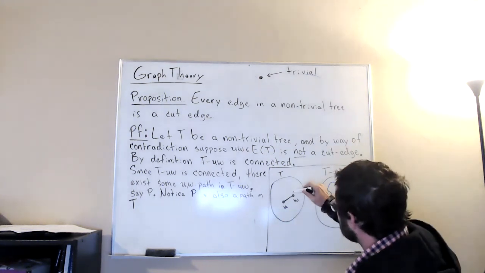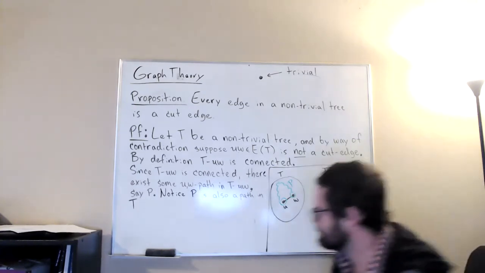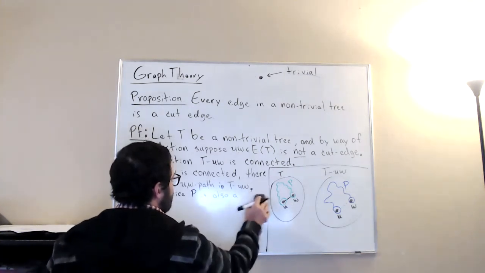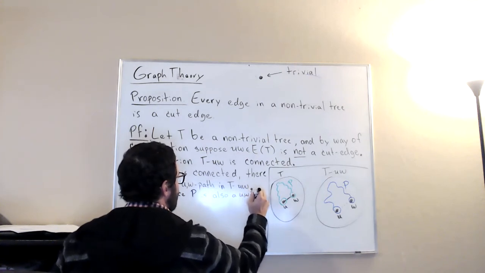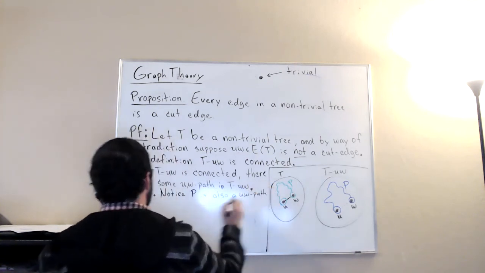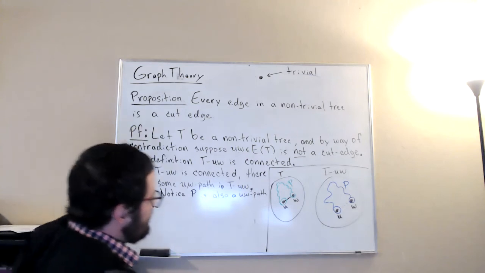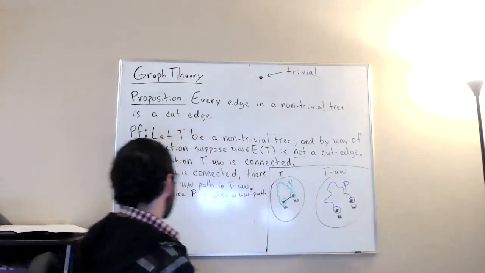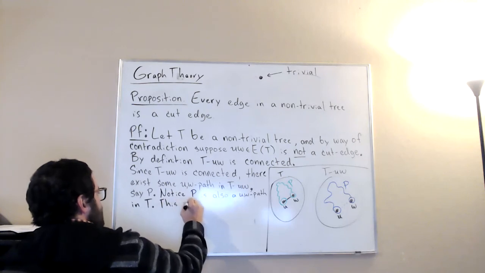So here's P again. Here's P. So P is also a UW path in T. But P didn't use the edge UW because that edge is deleted over there, right? This is a contradiction.